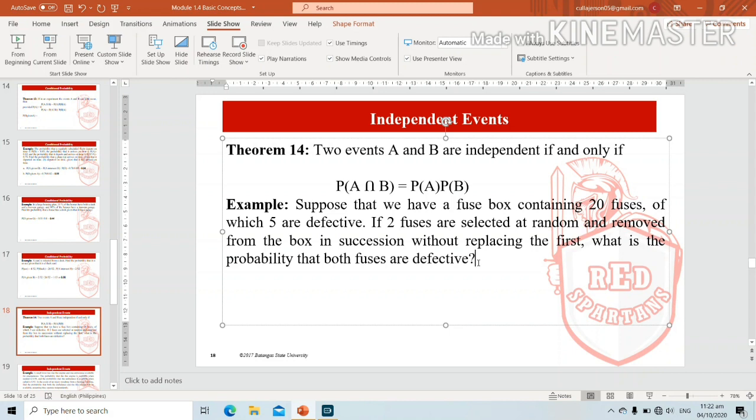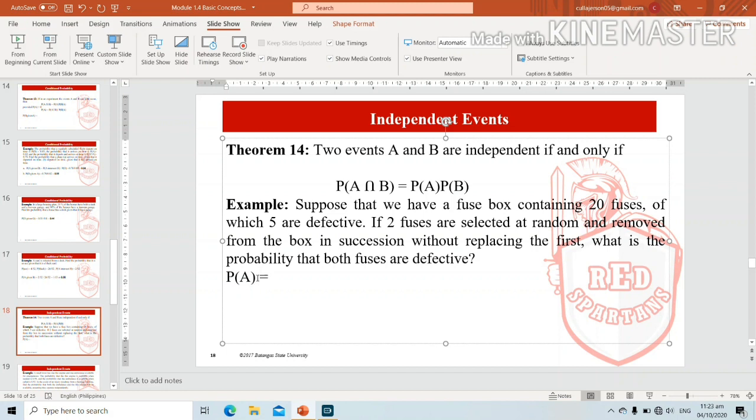So kung rarandom tayo ng dalawang fuses dun sa box, ano yung probability na parehas nating mabubunot yung fuses na defective? So, ibig sabihin, for example, yung event A natin ay para sa first fuse and event B para sa second fuse.